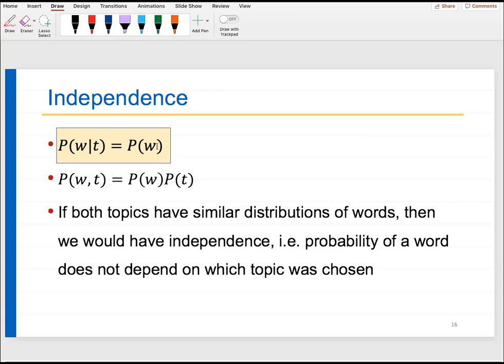Can you prove it? Can you prove that if probability of any W given topic equal to Rose is equal to probability of W given topic is Jasmine, then this is also equal to probability of W?